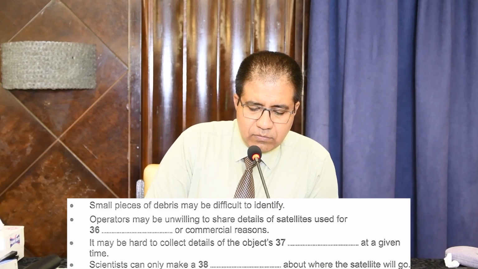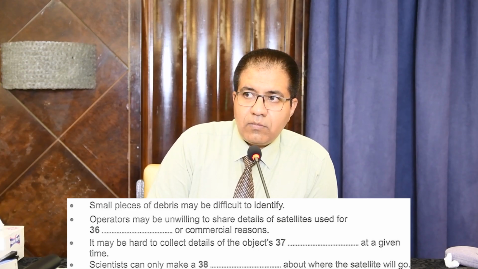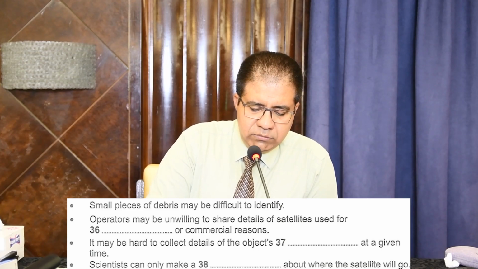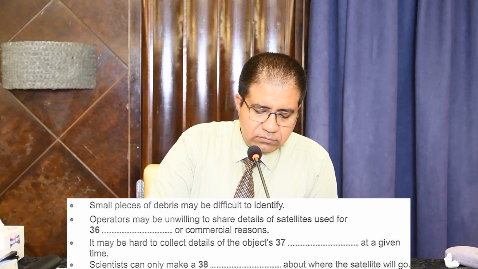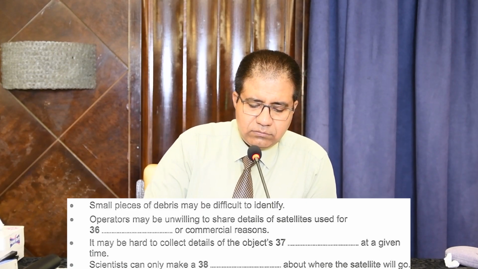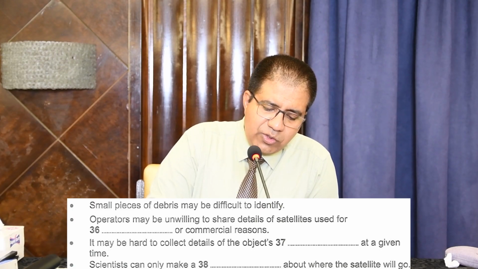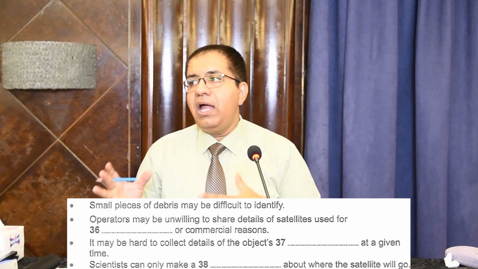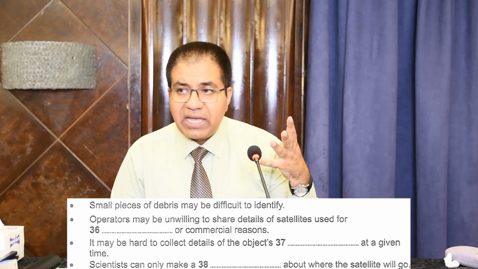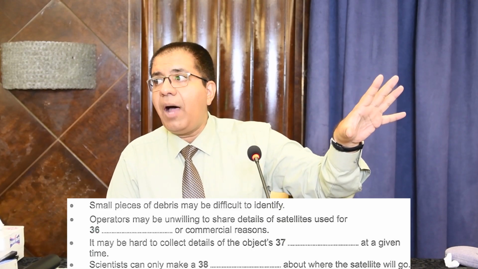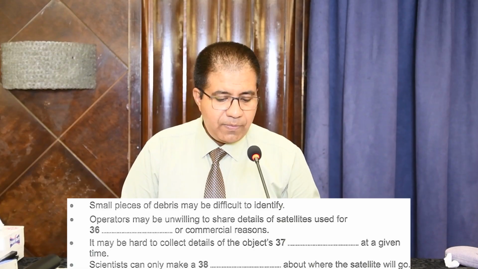We don't have any sensors that can constantly follow something moving so fast. So all that the scientists can do is to put forward a prediction concerning where the satellite is heading next. Okay, they can put forward a prediction. So, make a prediction, put forward a prediction, the answer is prediction.